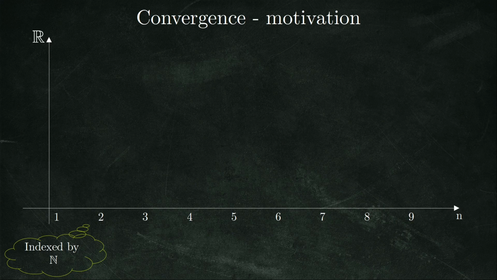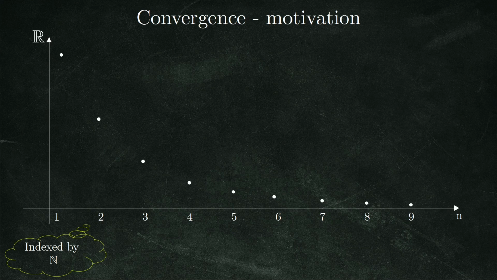So let's look at what our sequence is. Second point, third point, and so on. We can see that our sequence gets closer and closer to 0. So intuitively, this is converging to 0.